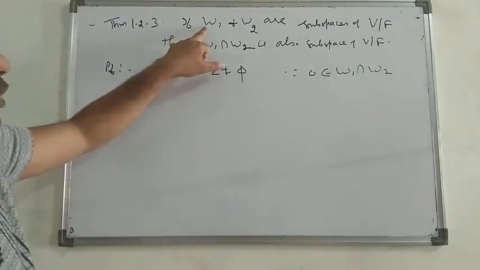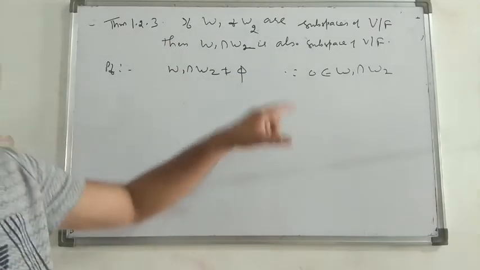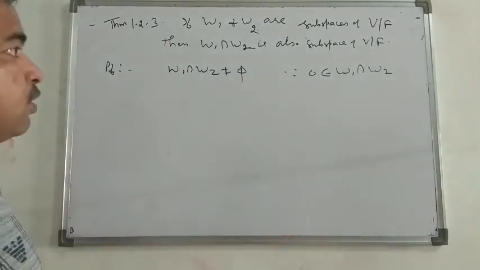Similarly 0 belongs to W2. It means 0 is a common element, so W1 intersection W2 is non-empty.